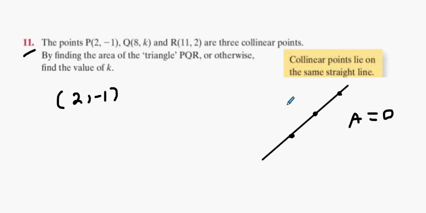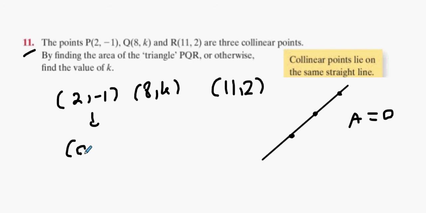Nextly, what we're going to get is 8, k and 11, 2. Which one's the closest to the origin? That one. So we turn that into 0, 0. Take 2 away from the x and add 1 onto the y. So what do we think? 6 and k plus 1. And the other one?